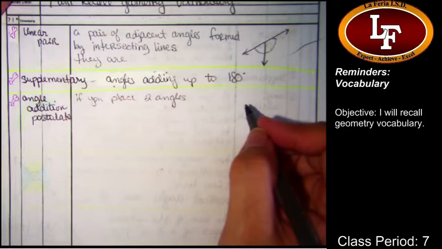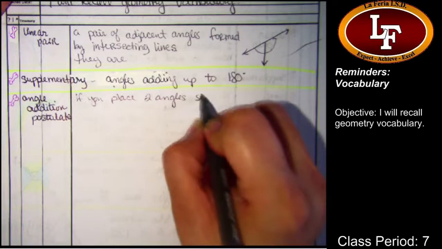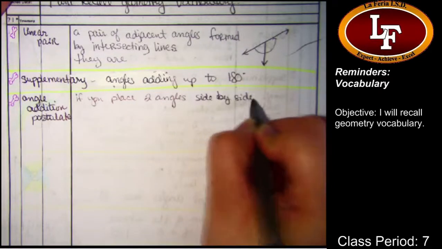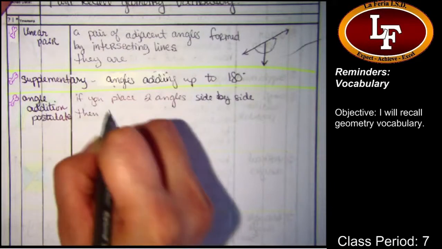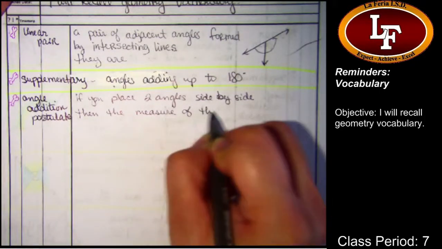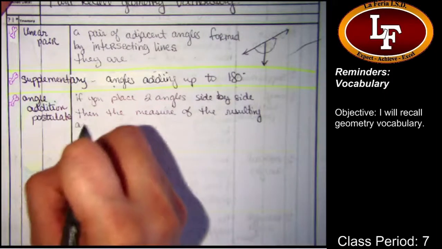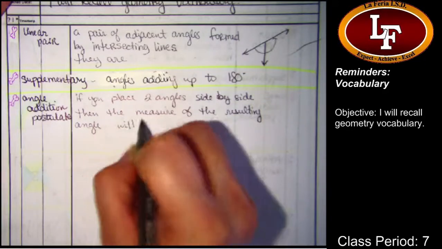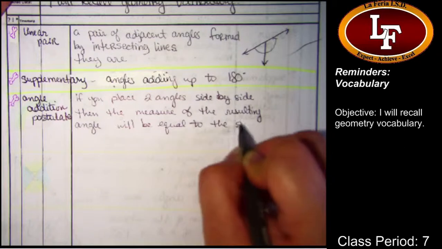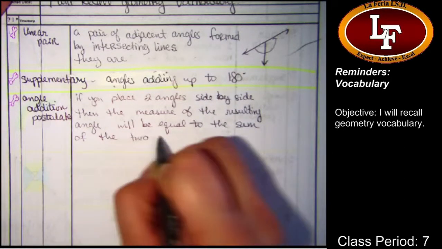Can you read it again, going slow enough so that I can write it for everyone? Okay, if you place two angles side by side, then the measure of the resulting angle will be equal to the sum of the two original angle measures.